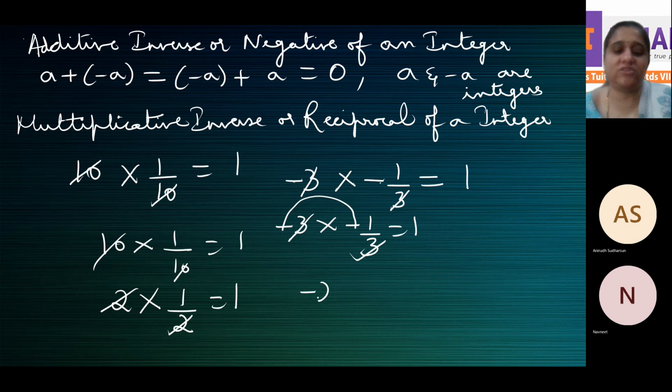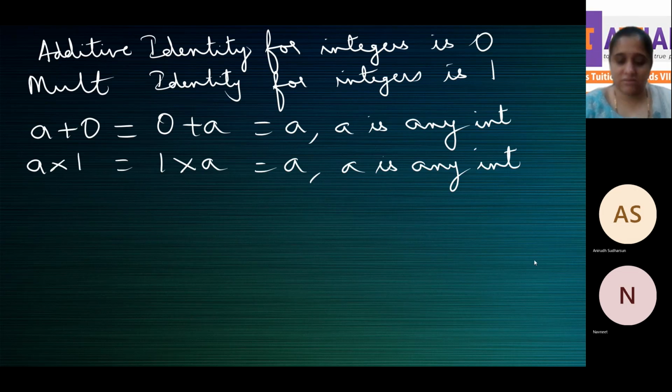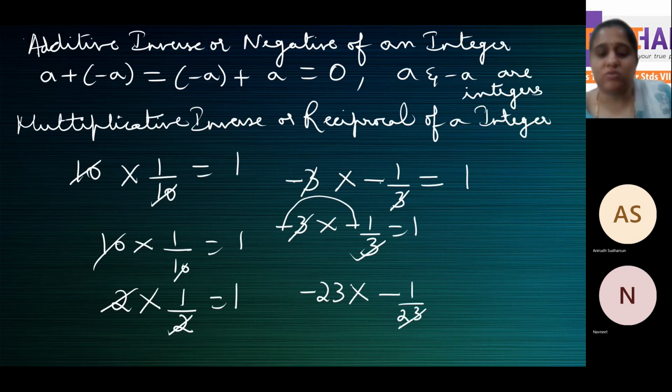When you take minus 23, its reciprocal or multiplicative inverse is minus 1 by 23, because when you multiply minus 23 and minus 1 by 23, the product is 1. See here, 23 and 23 get cancelled, and minus into minus is plus 1.